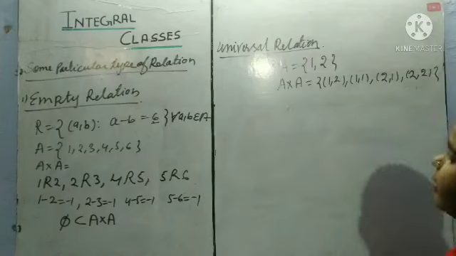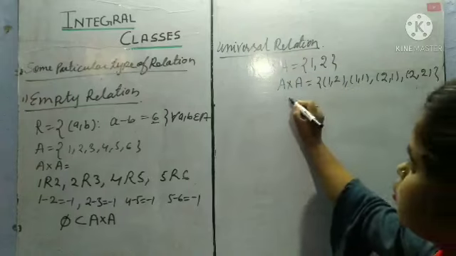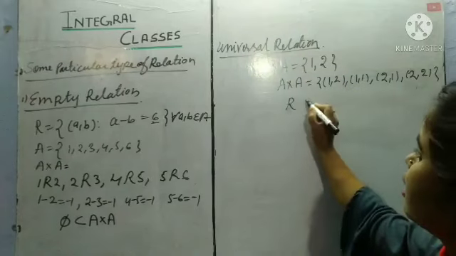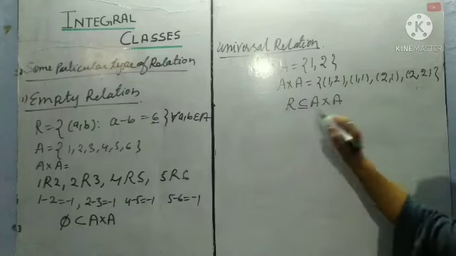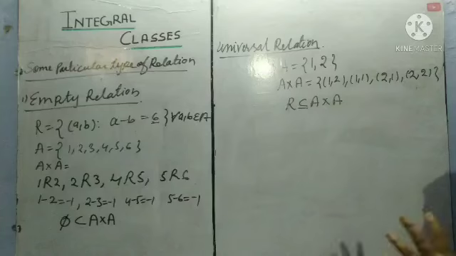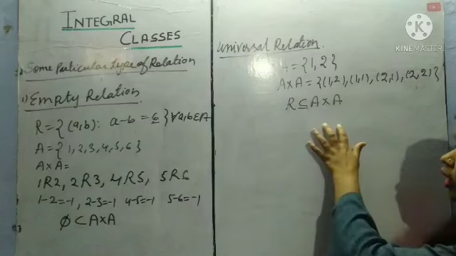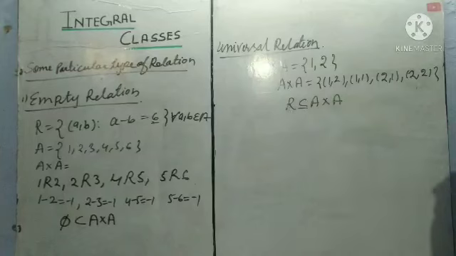Here is the Cartesian product. Now as we observe, it is the relation R equal to A into A. This kind of relation is called a universal relation. It means all of A into A belongs to R.